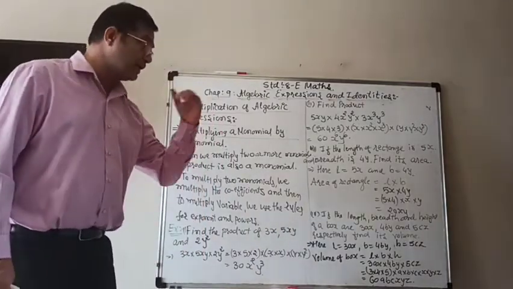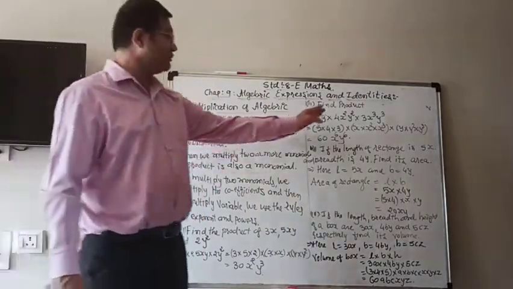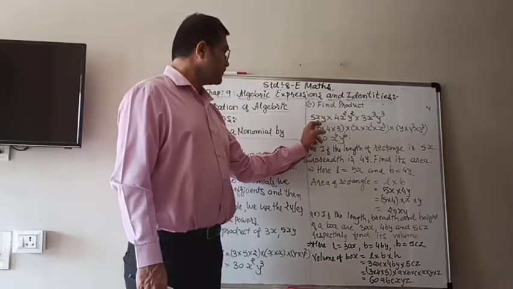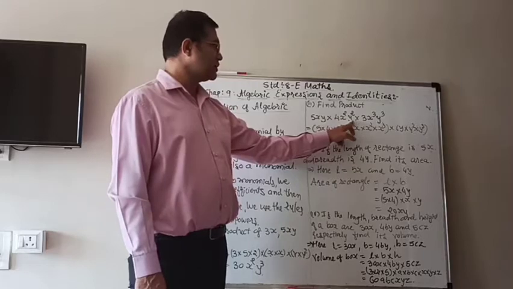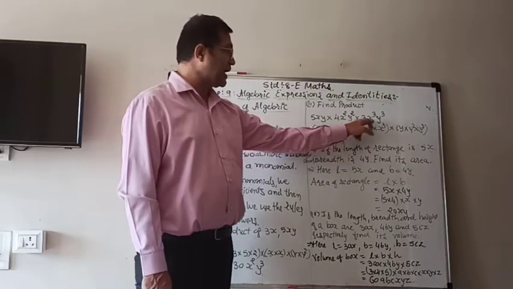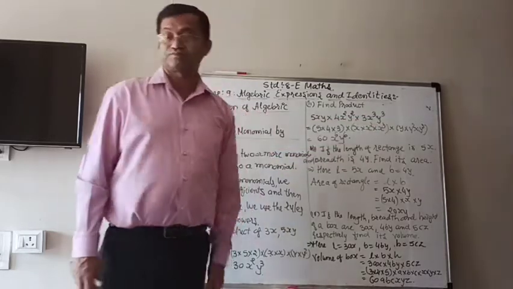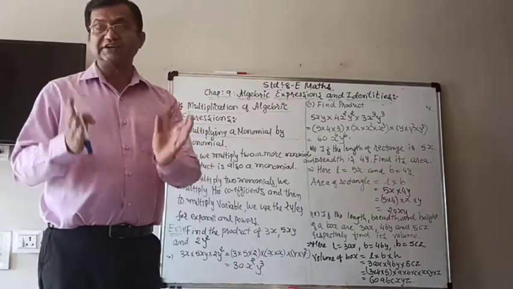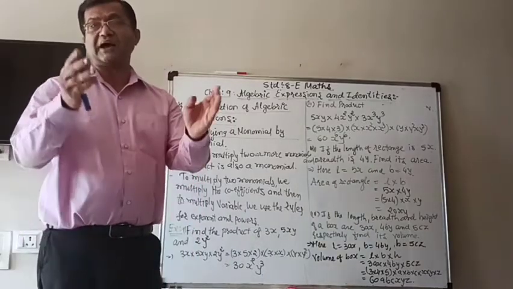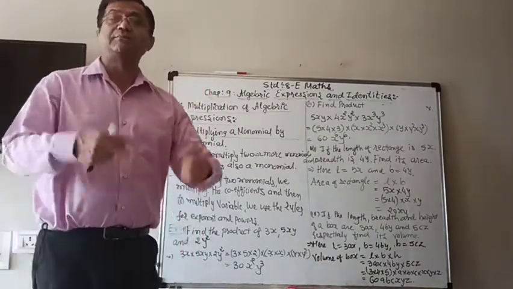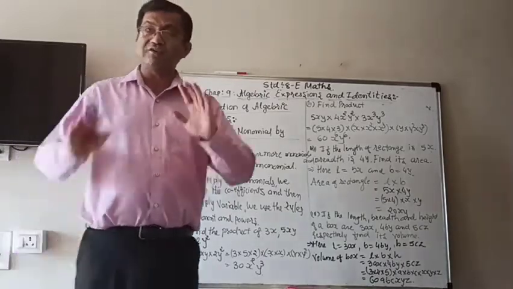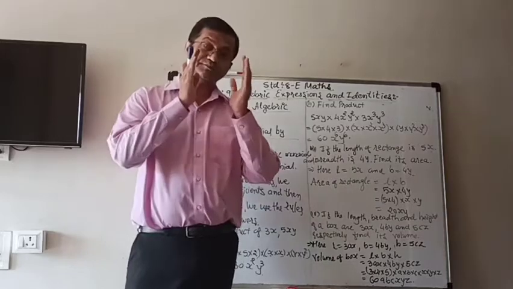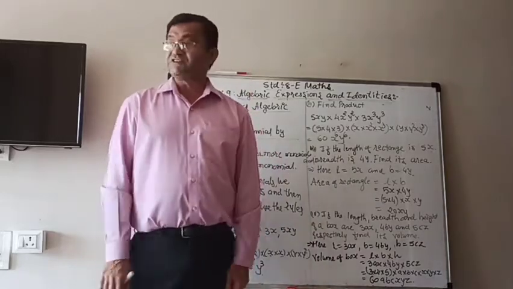Let us take some more examples. Find the product of 5xy multiplied by 4x square y square multiplied by 3x cube y cube. Here also three different monomials are to be multiplied. So first we separate out the coefficients.